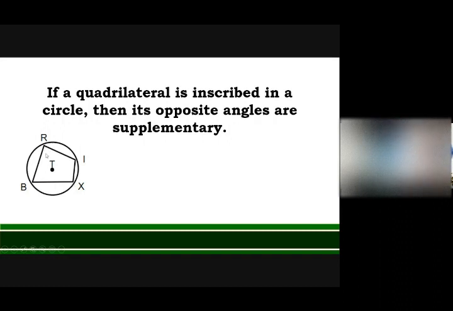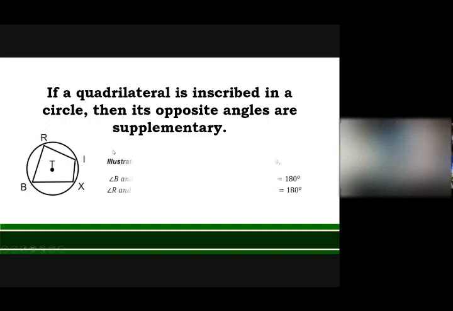So, kapag inadd natin yung value ni R at X, this will be equal to 180. Si angle B, ang opposite niya ay si I. Kapag inadd natin yung value ni angle B at I, this is equal to 180.